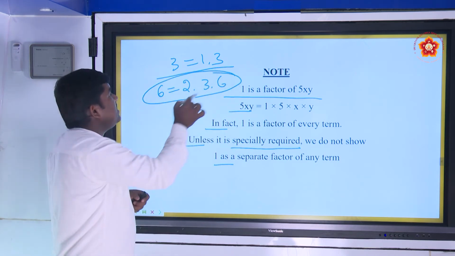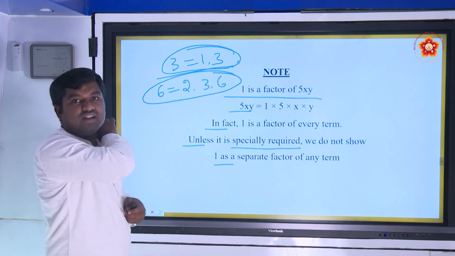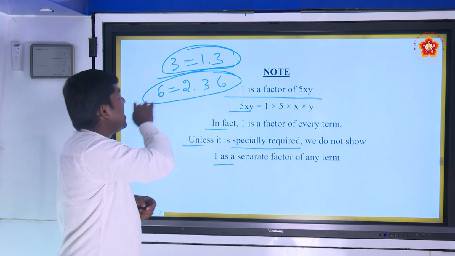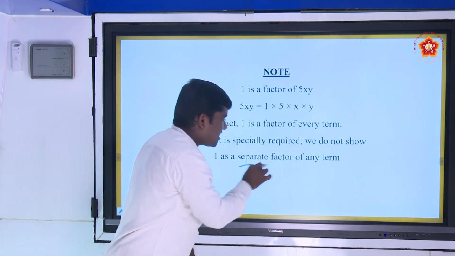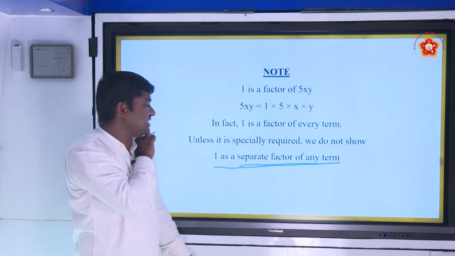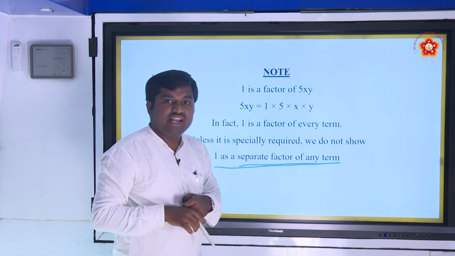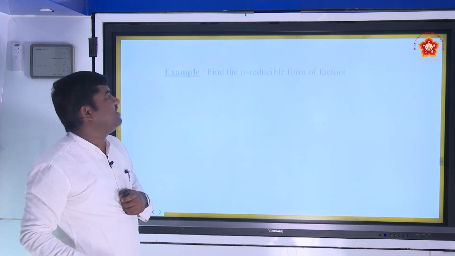Here it is a prime number, so it is required to write 1 as a factor. Otherwise, we do not show 1 as a separate factor of any term unless specially required.